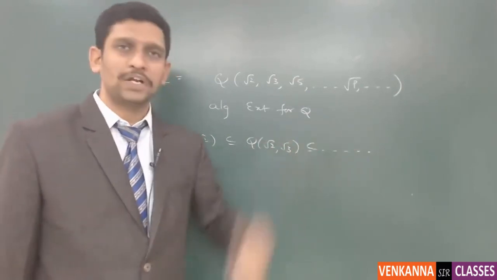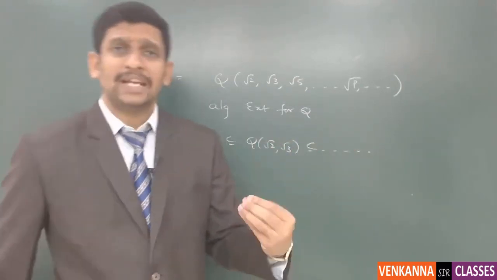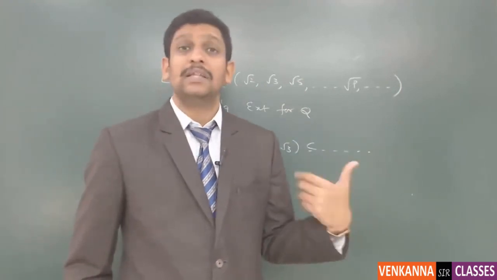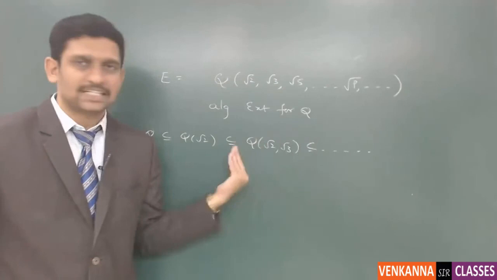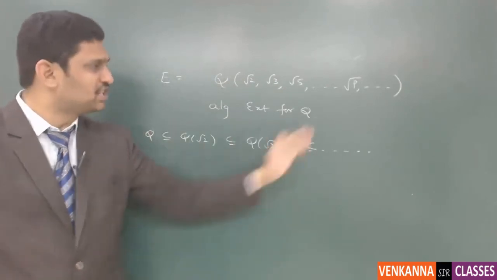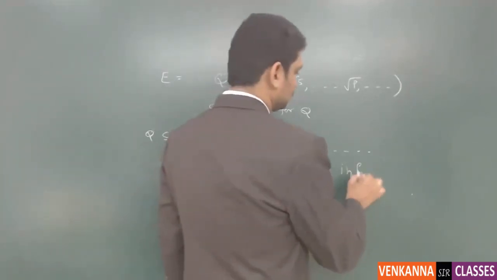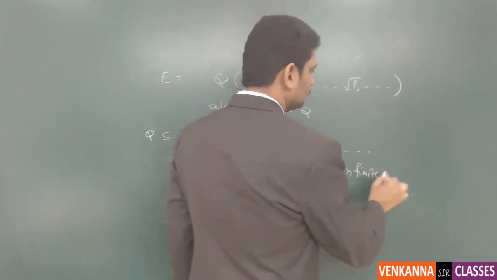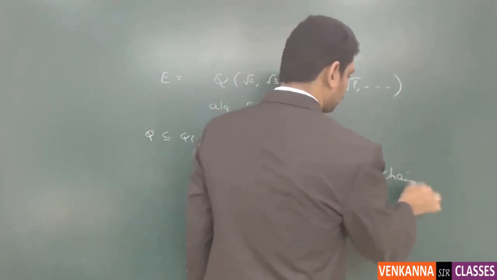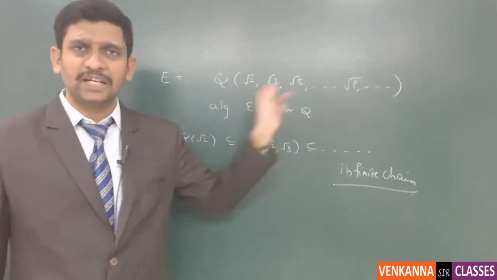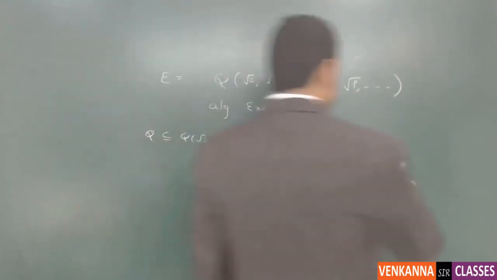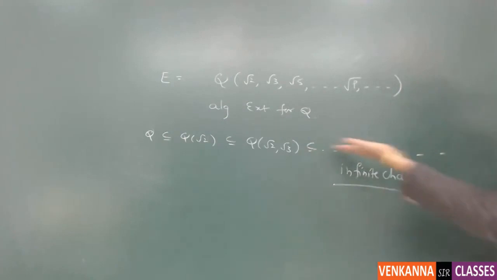They go on to continue. If you take any different prime number, the different prime number will not belong to any one of the previous sets. It is an infinite chain. Since the prime numbers are infinite, this is an infinite chain.